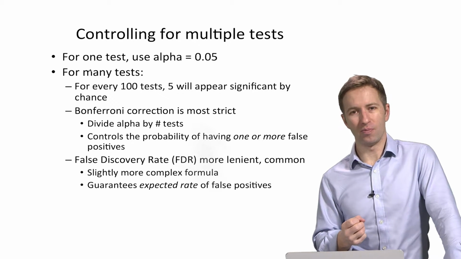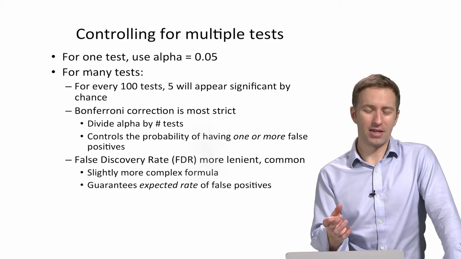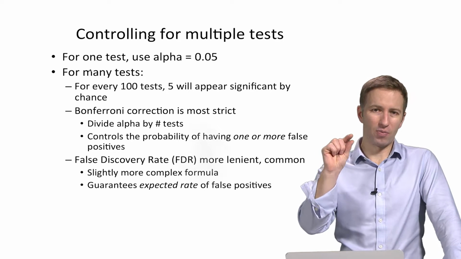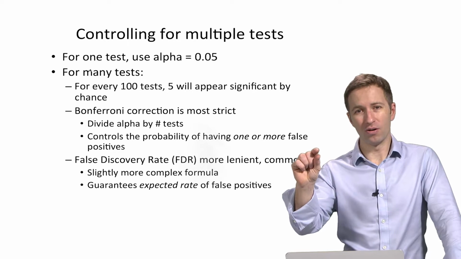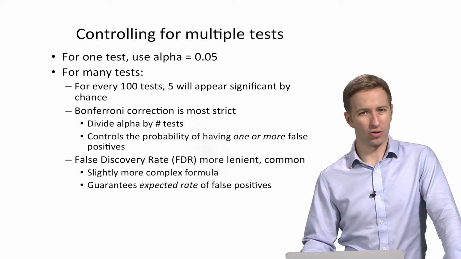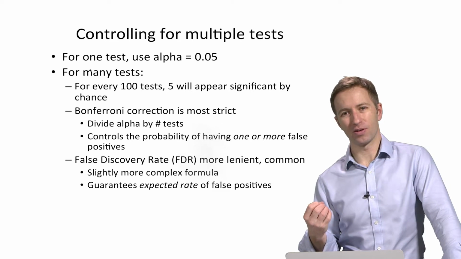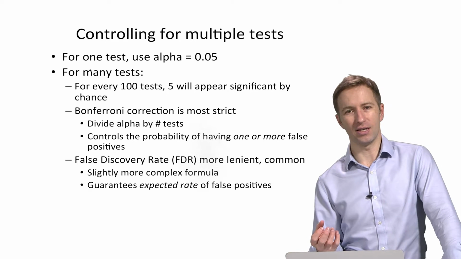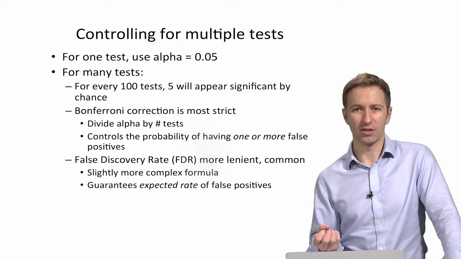So for the Bonferroni correction, if you're doing 100 tests, then instead of using a cutoff of 0.05 for your p-value, you'd use a cutoff of 0.0005. This is a more strict approach. It's controlling the probability of having one or more errors.